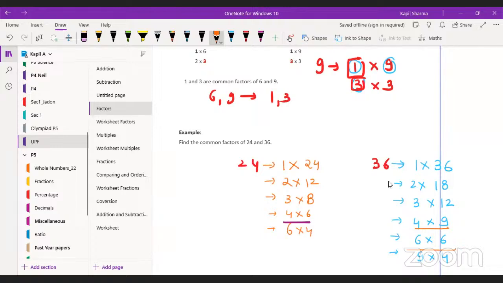Right? So now common factors. Now 1 is definitely a common factor. Then you can see 2, 3, 4, 6. Yes, what else, guys?